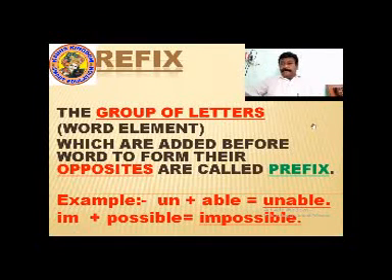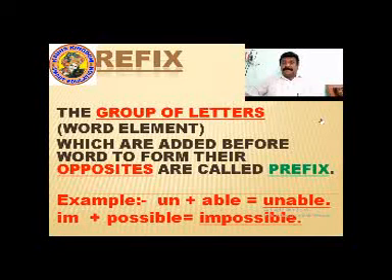It is added prior to the base word to form its opposites. Prefixes are the group of letters, word elements, which are added before a word to form their opposites.